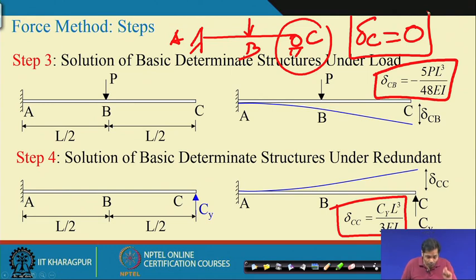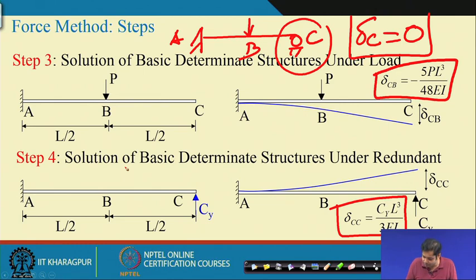Okay. Now, the linear superposition theorem says that the response of the entire structure can be obtained from the response of the individual sub problems. So, if we add them, then we get the response of the actual structure.